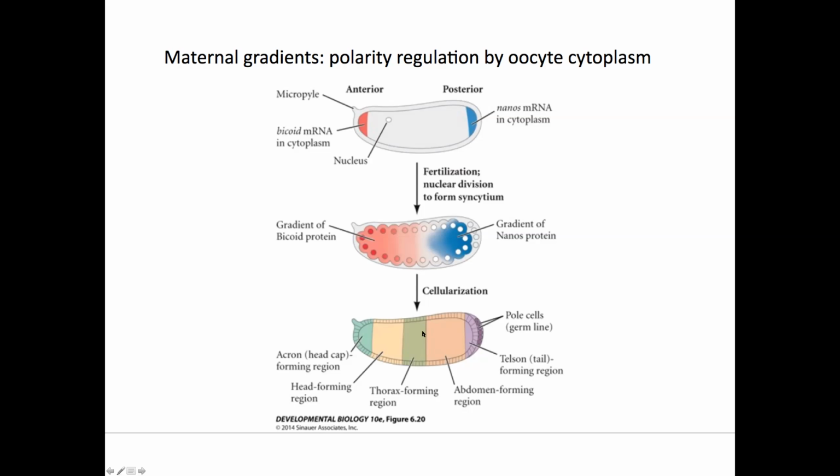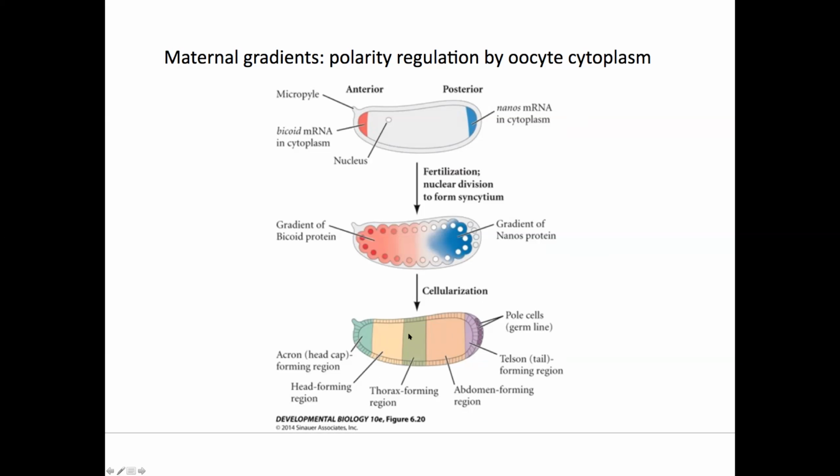which are established by the expression of gap genes. And as you can see, they broadly divide the embryo into head forming regions, the head cap, head forming, thorax, abdomen, and the tail, and the pole cells. So they actually define much larger segments.